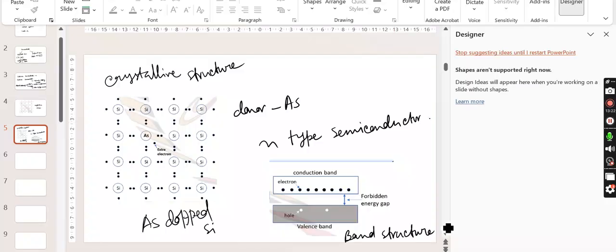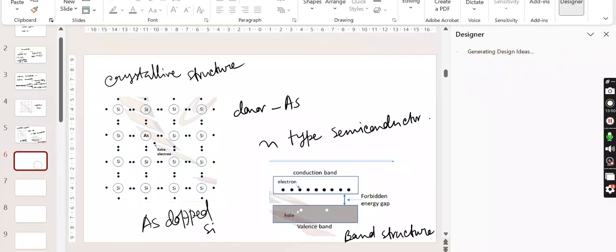Most of the electrons in the conduction band are basically contributed by the arsenic, but here are some holes in the valence band, and the corresponding electrons are also in the conduction band. This formation of electron and hole is due to the presence of thermal energy in the system at room temperature.